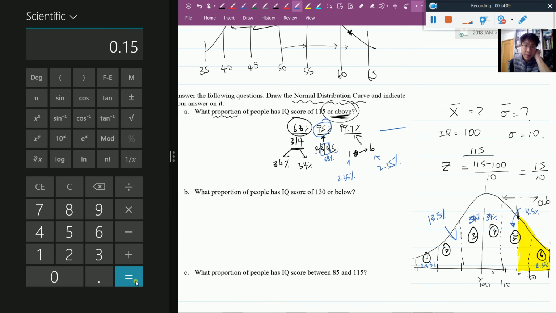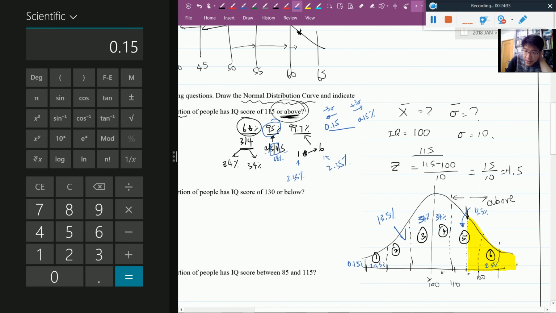So each side would be 0.15. The monster is the region beyond -3 and beyond +3 standard deviations, 0.15%. So there is the monster, 0.15%, and the monster, 0.15%.